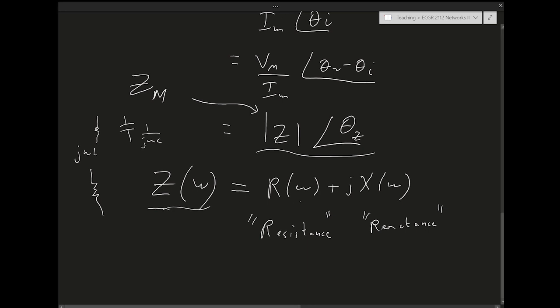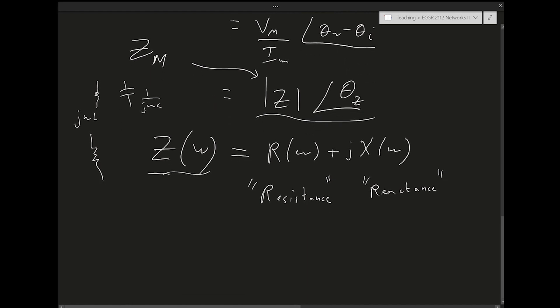What's the relationship between the impedance and R and X? It is the same as the relationship between the polar form and the rectangular form. It's easy to calculate, right? Z at angle theta Z equals R plus jX.